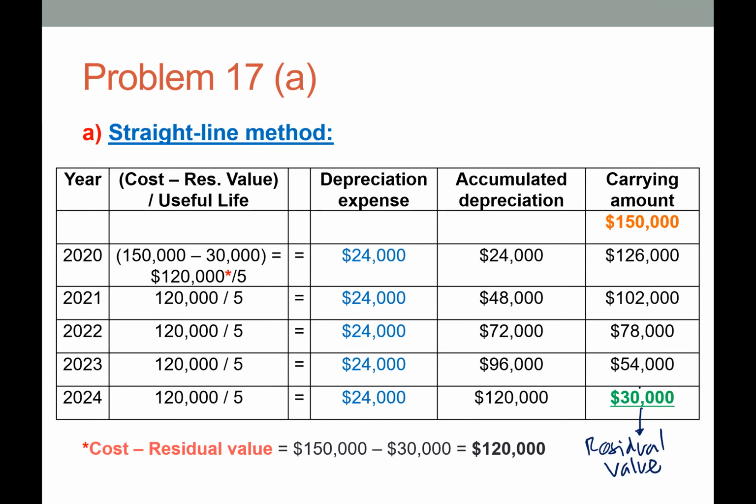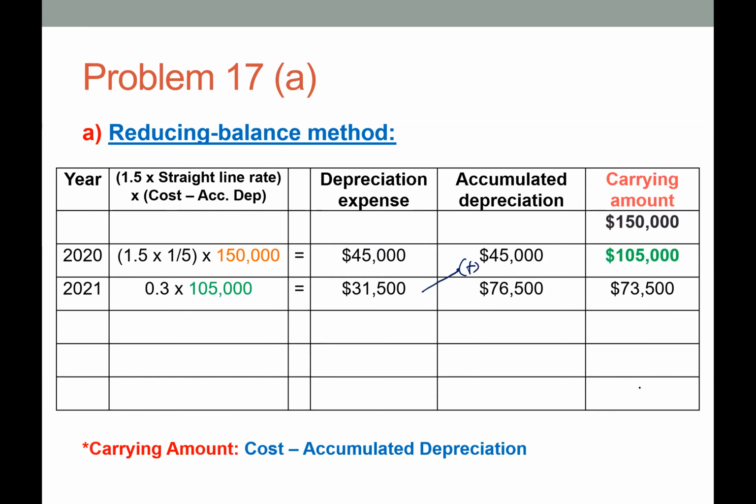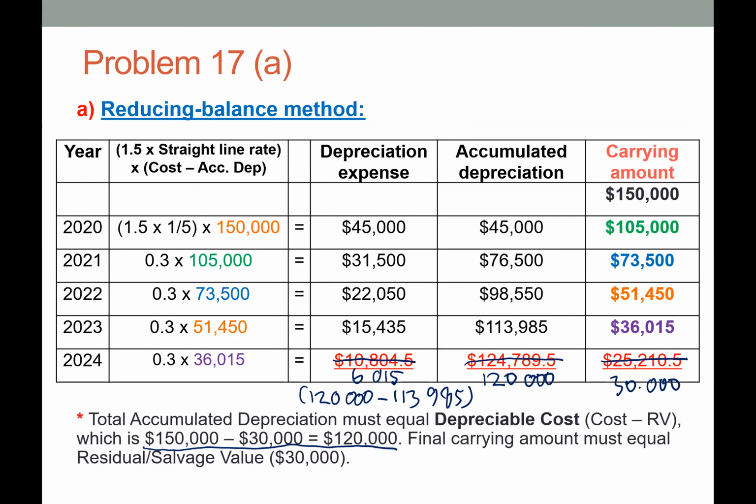Just to double check, for the reducing balance method, like you said, we cannot have more than the 120,000. So first you have to check the accumulated depreciation in the final year.